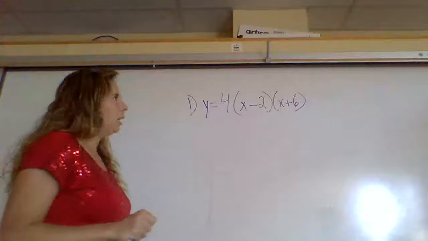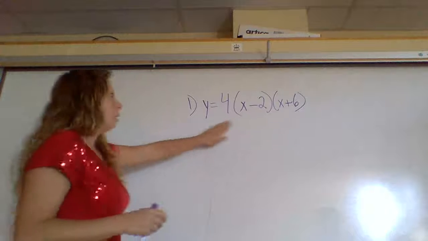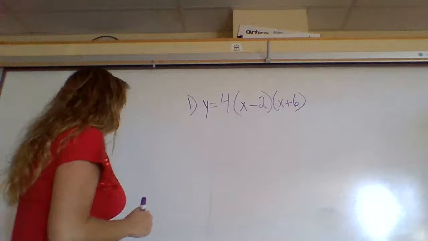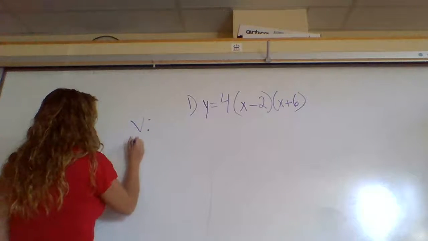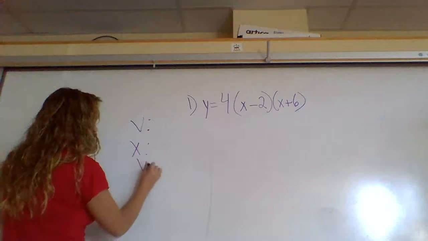Okay, so given the function or the equation in factored form, which is what this is, we have to find so many things. We have to find the vertex. We have to find the intercepts, the x-intercepts, the y-intercepts.